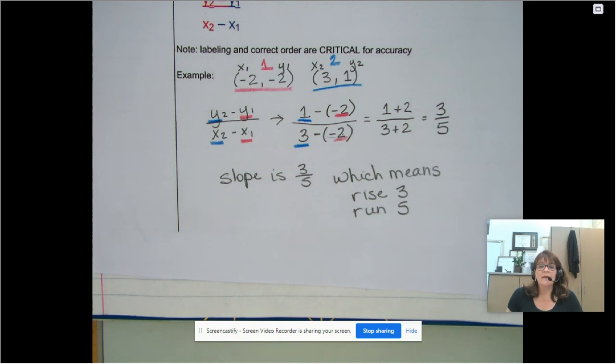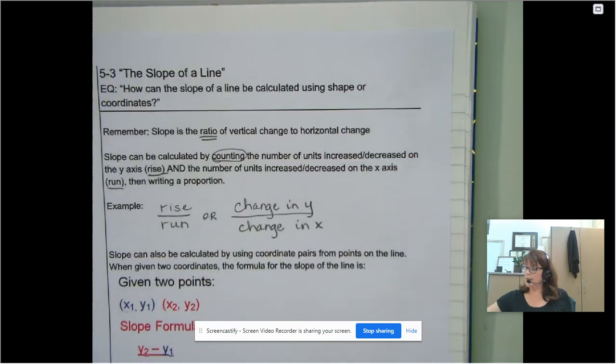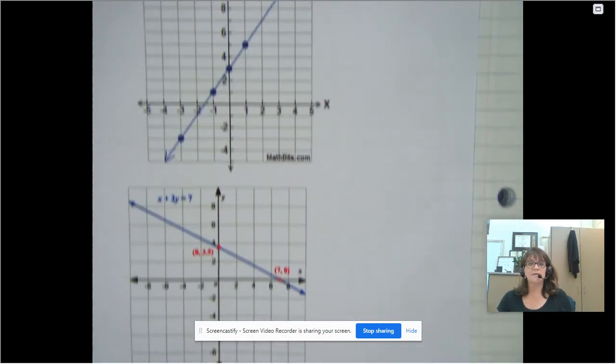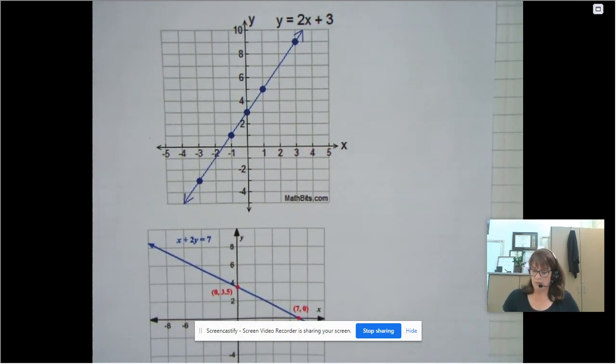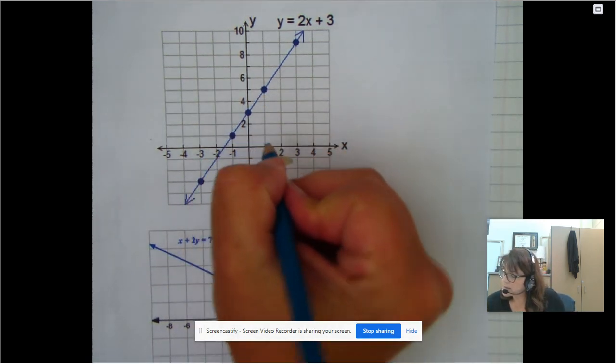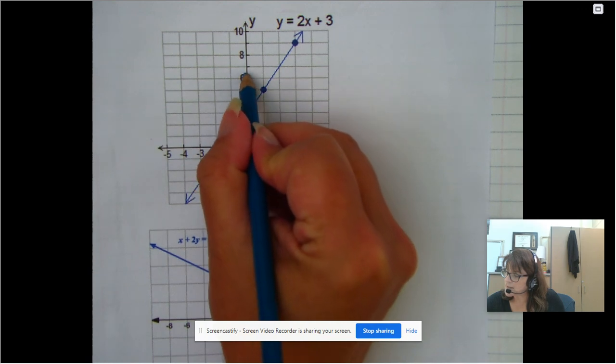Now, that calculation is not the only way to figure out slope. Sometimes we have a picture of the graph and we can literally use our counting skills. So we can also go with something like this. In something like this, I can look and see this is counting 1, 2, 3, 4, 5, 6.